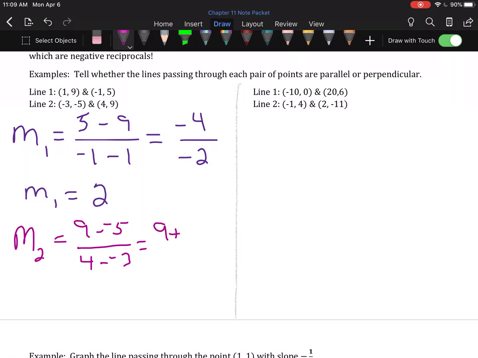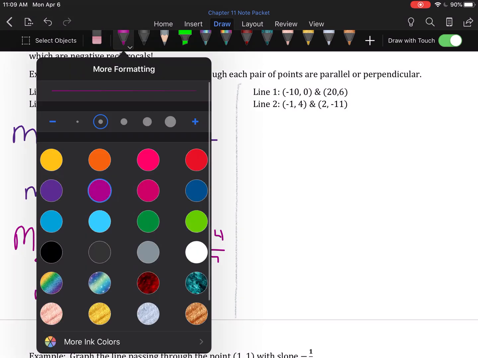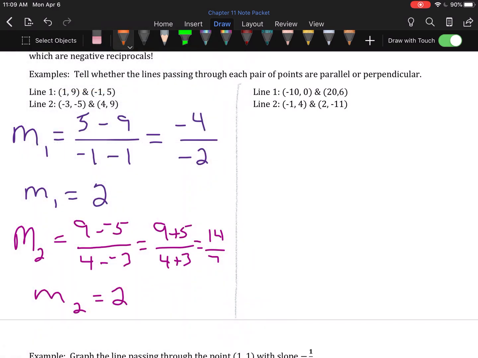So it's going to be 9 plus 5 over 4 plus 3. 9 plus 5 is 14. 4 plus 3 is 7. 14 divided by 7, the slope is 2. Those are exactly the same. 2 is 2, so these guys are parallel.